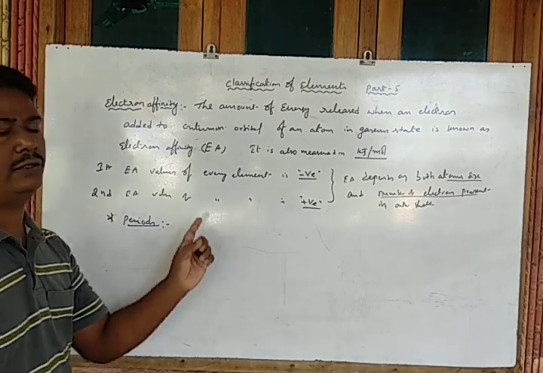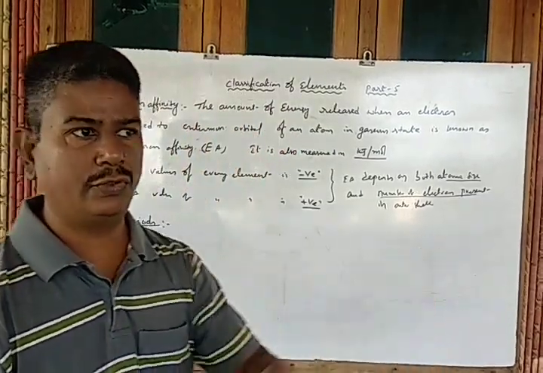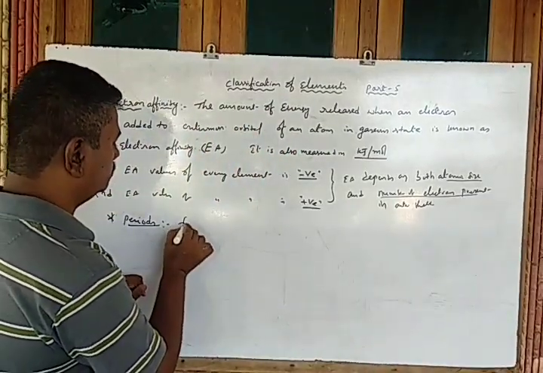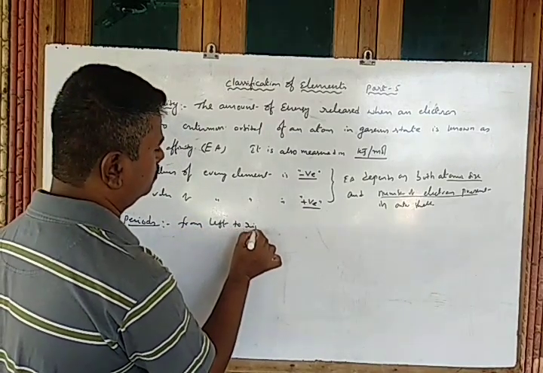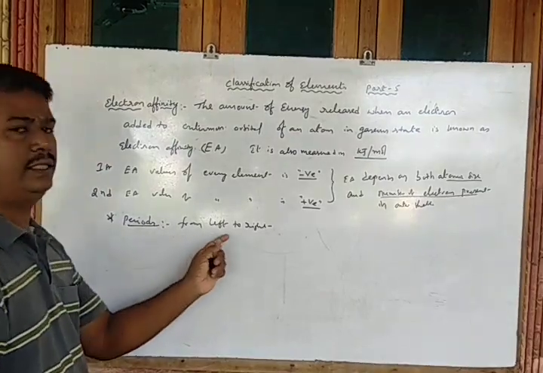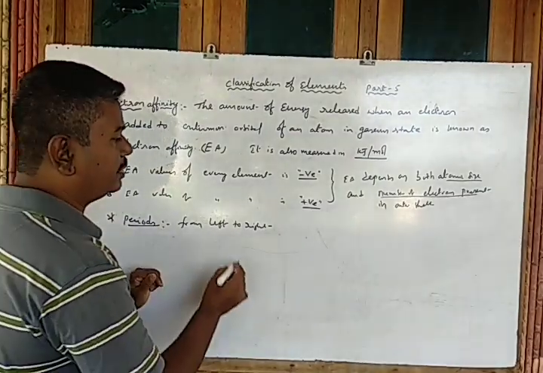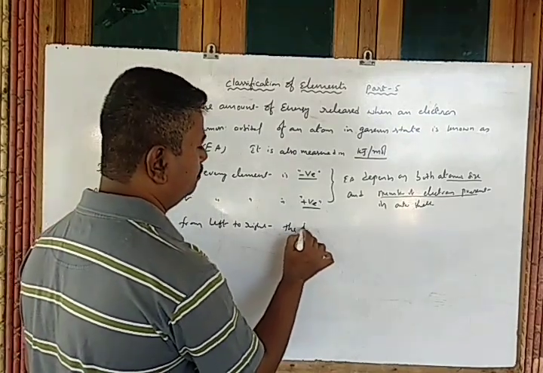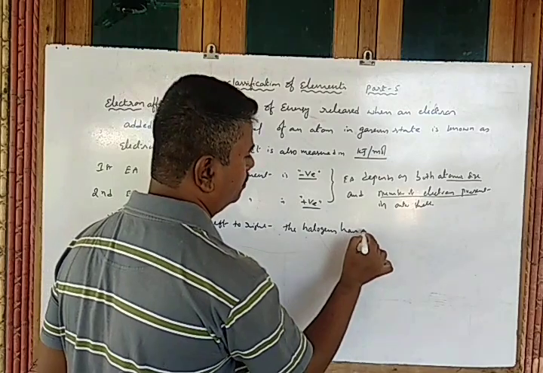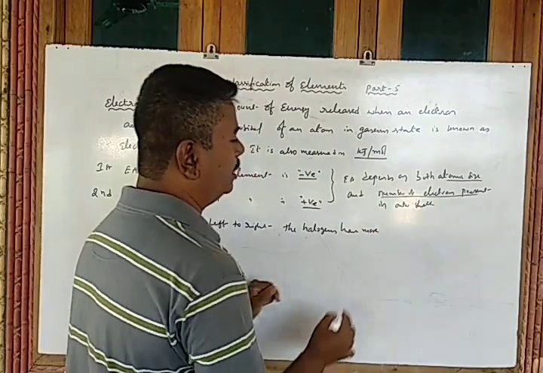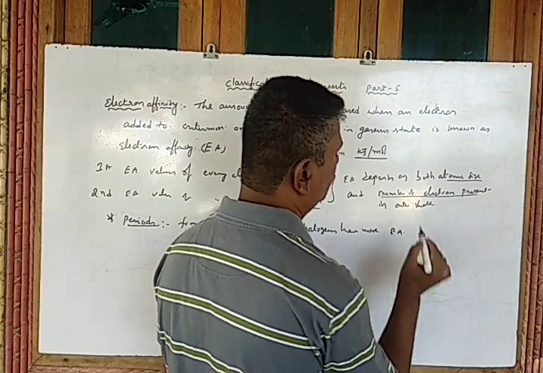In the case of periods, how does electron affinity change from left to right? We always move in a period from left to right. From left to right, the halogens have more electron affinity. Why?